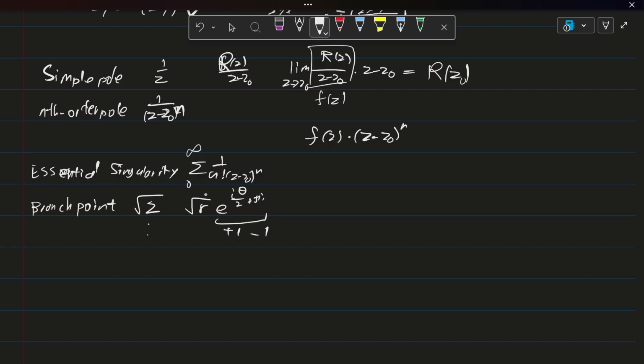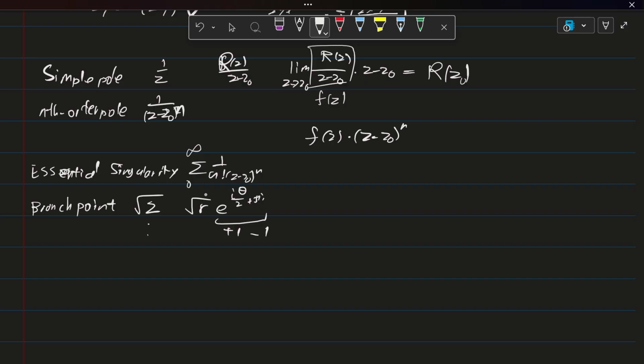And so this gives a conclusion that if you take a certain complex number, it could have two different values. It depends on your phase. So this is the idea of a branch point, exactly, in which a particular point has two different values thanks to this type of singularity.